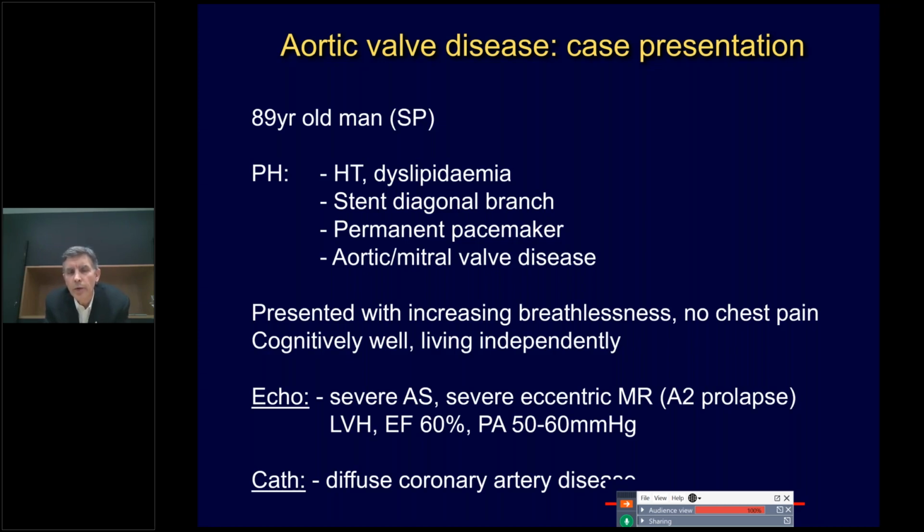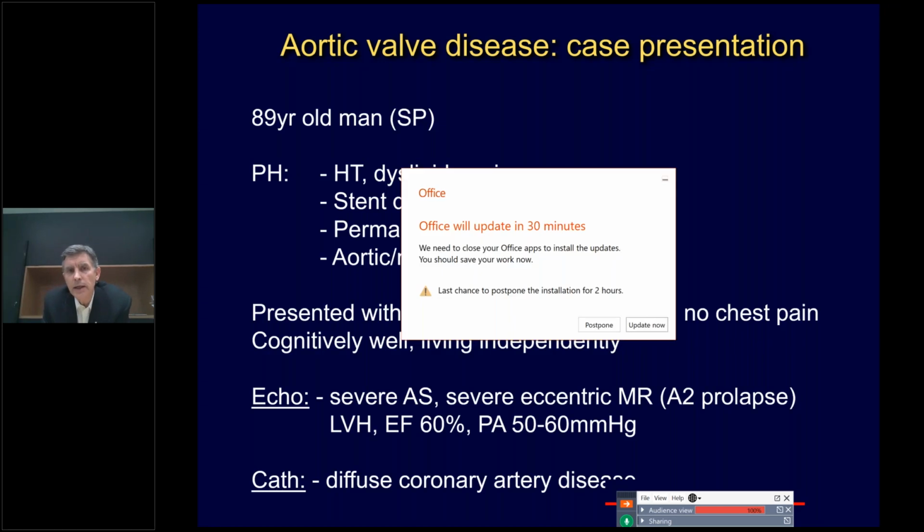He's got a pulmonary artery systolic pressure of about 60, and he has had a follow-up angiogram that shows diffuse coronary disease. So if we're going to treat this gentleman at all other than medical therapy, then we will be looking to probably treat him with TAVI.